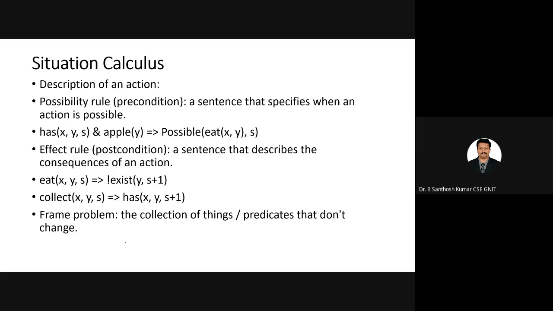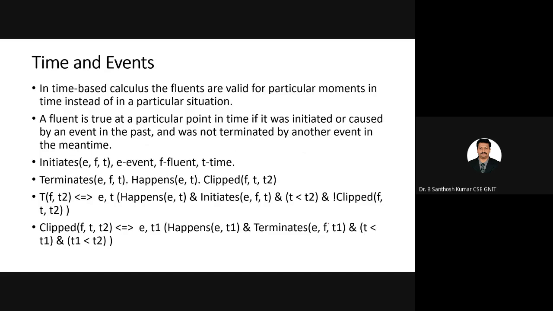Then the frame problem. The collections of things are predicates that don't change. Then times and events. In the time-based calculus, the fluents are valid for a particular moment in time, in a particular situation. A fluent is true at a particular point in time if it was initiated or caused by an event in the past and was not terminated by another event in the meantime.